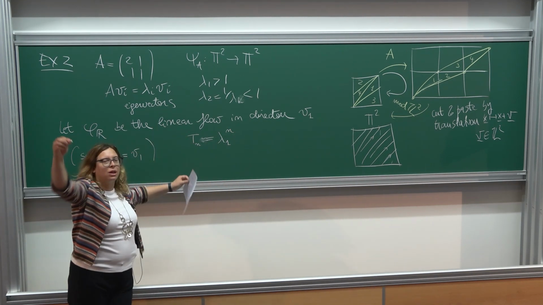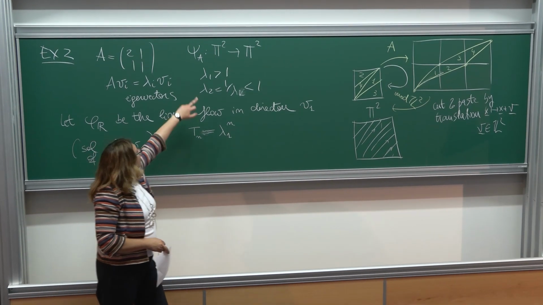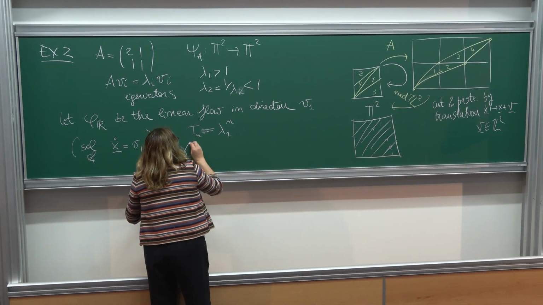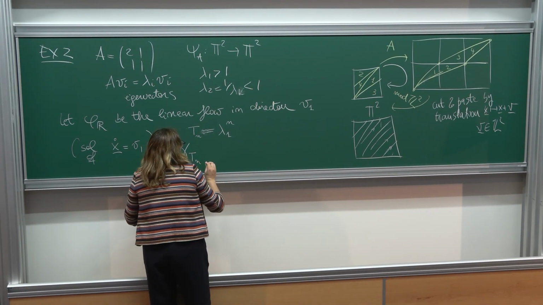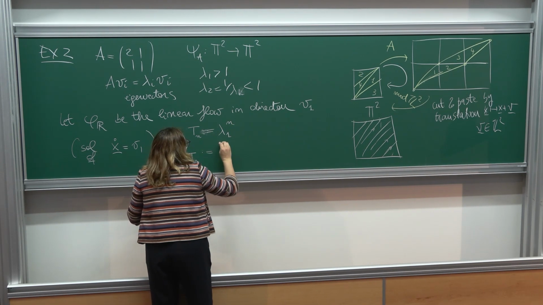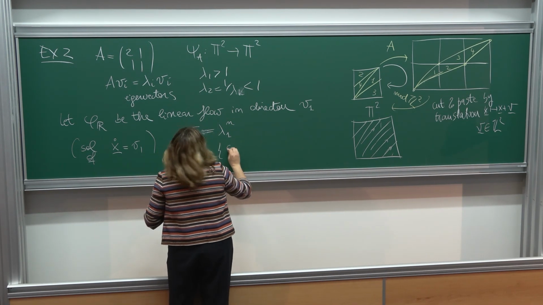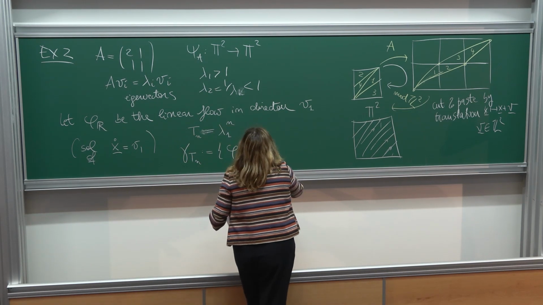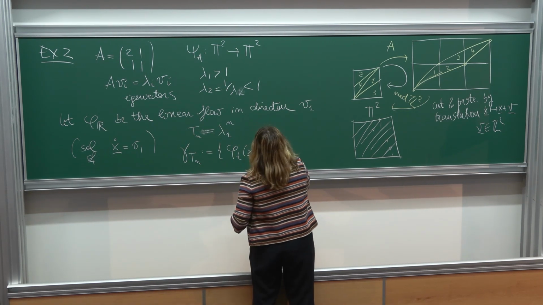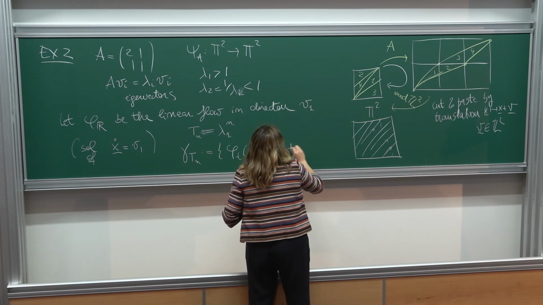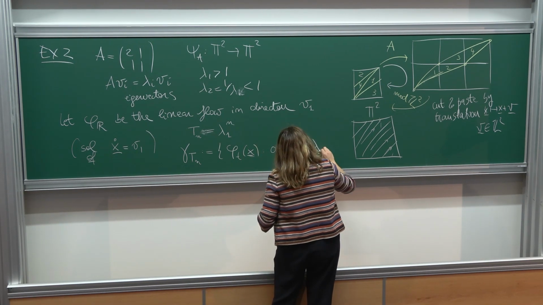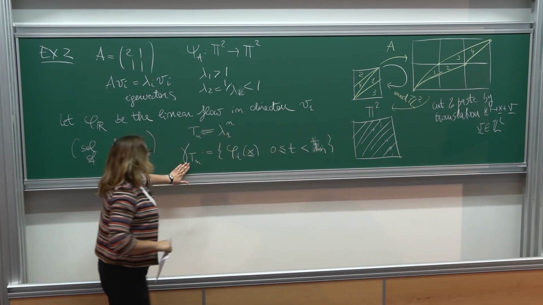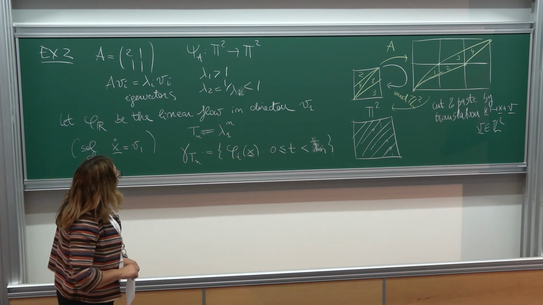So these are exponentially growing times given by the expanding eigenvector. And let me call gamma t_n some trajectory of length t_n, taking some point and 0 less than t less than t_n. So I'm using this notation for trajectory today.